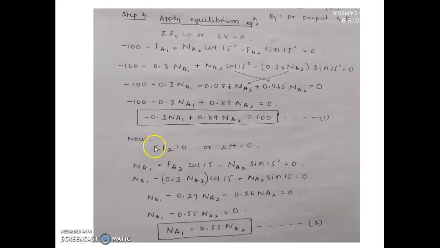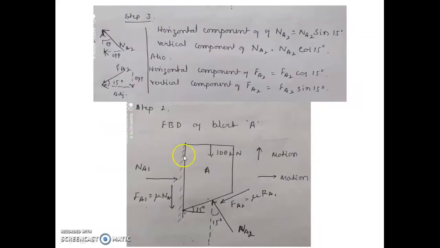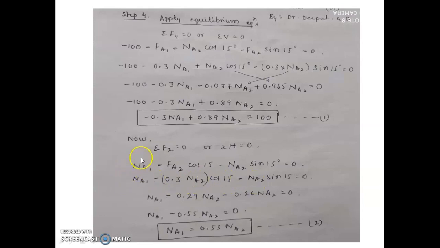Now we will apply the summation of all horizontal forces, the x direction, is equal to 0. We will see what the forces are. One is this force Na1, acting towards the right side, hence it is positive.